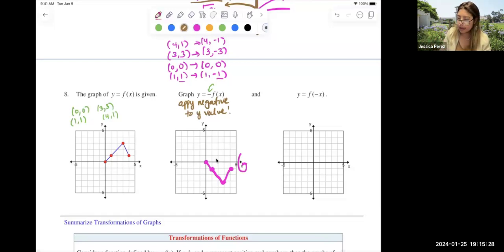Now, if we want to reflect it across the y, and I'm going to use a different color, because it's on the inside, let me use a black. You're going to apply the negative to the x.